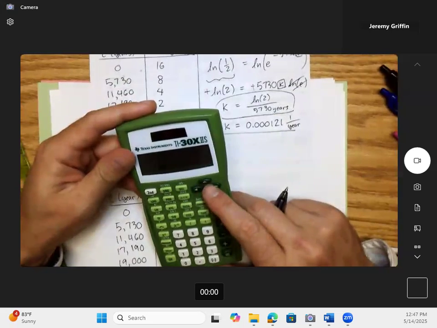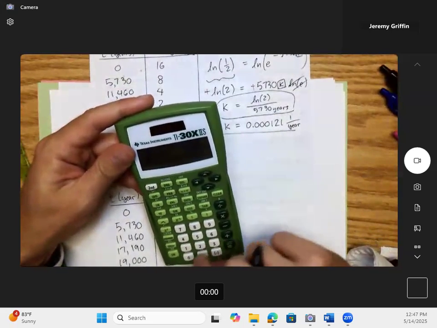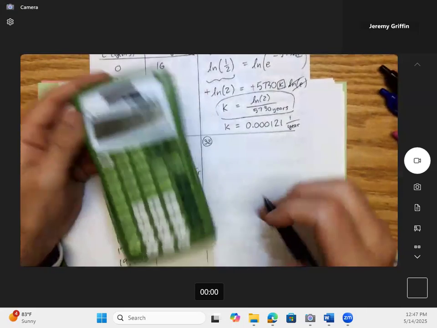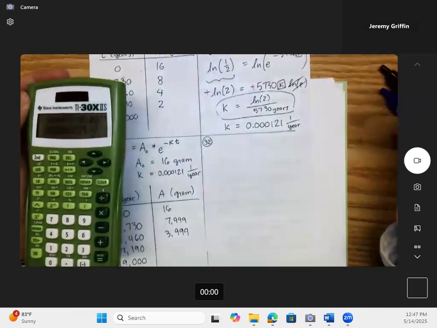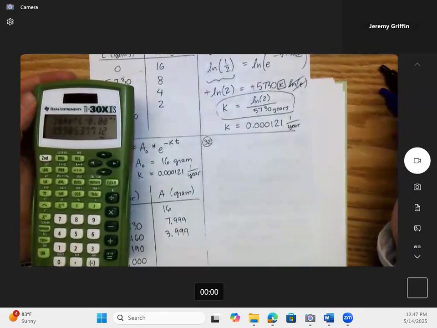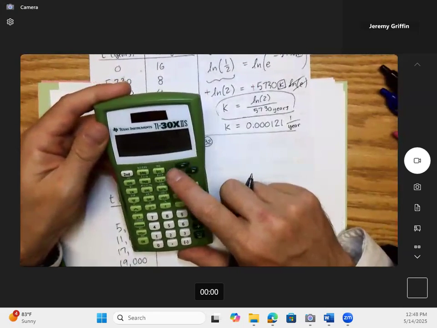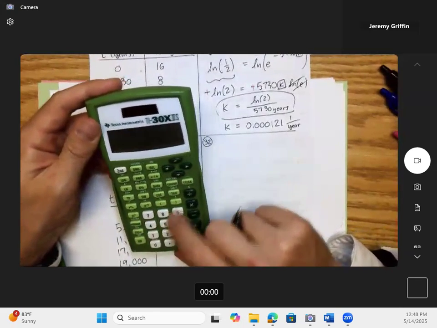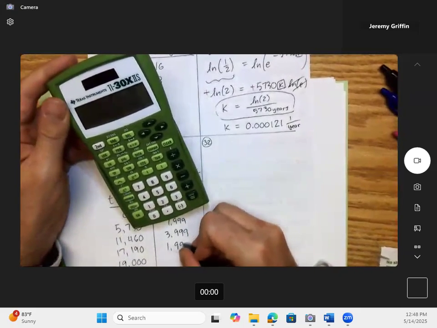Scroll up, scroll over. Let's plug in the new time of 11,000 and some years. Ooh, 3.999. Good. Basically 4. Scroll up, scroll over. Plug in 17,000 and some years. 1.999.